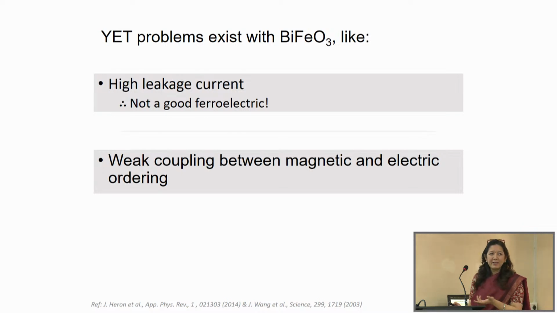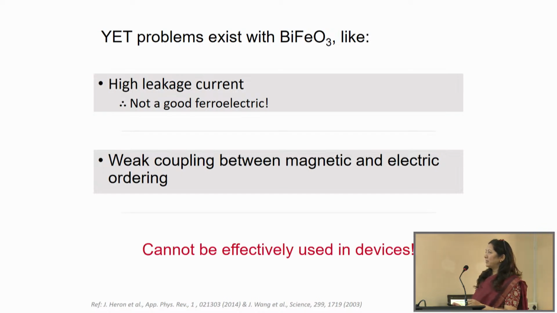You can have a material, but if they are not acting at the same time, and if they are not interconnected so that you can control one by the other and the other by the first, then there is no point. So it cannot be effectively used in devices, right? Bismuth ferrite was existing, but it cannot be used.